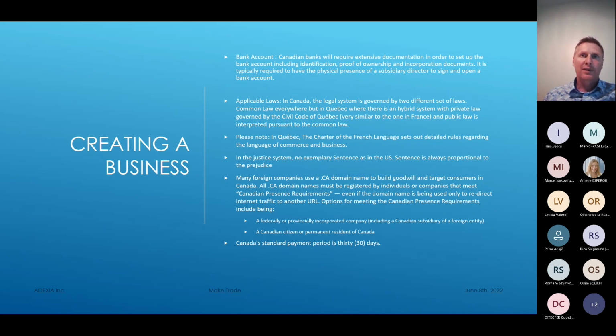The turnaround is crazy, even more now with COVID, and it's super difficult to find human resources right now in Canada, especially in Montreal and Toronto.